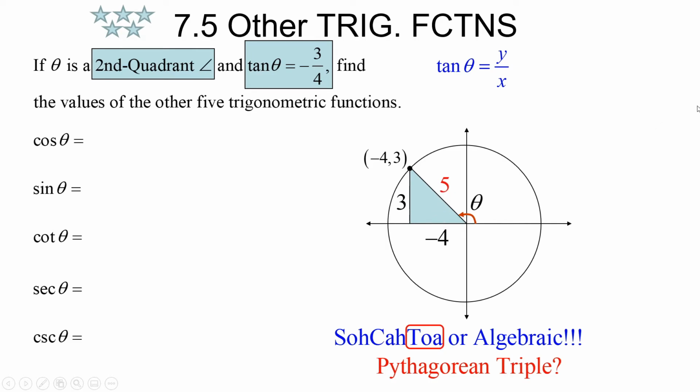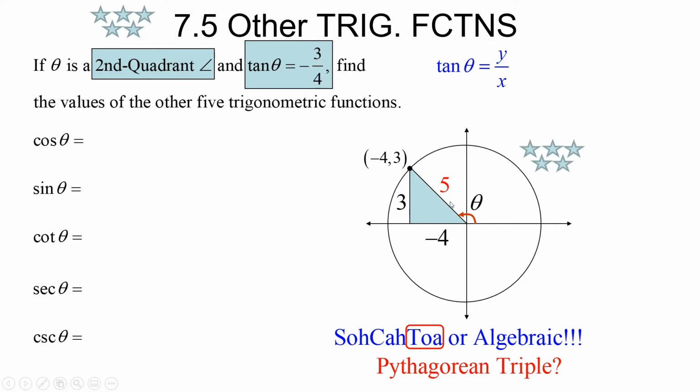All right, now, with this diagram, this is the key now. I can answer all of these questions very easily with SOHCAHTOA, but we're going to be more efficient if we use our algebraic definitions. Like cosine of theta is, and what I'm going to do here is put not only the algebraic definition, but the reciprocal relationship when it's appropriate.